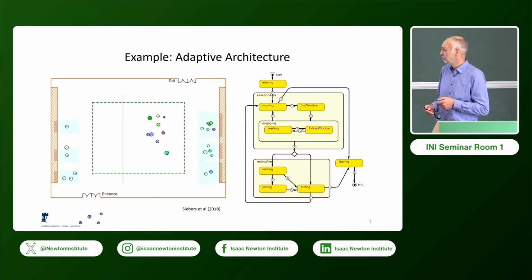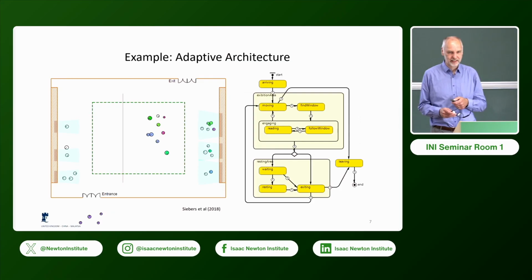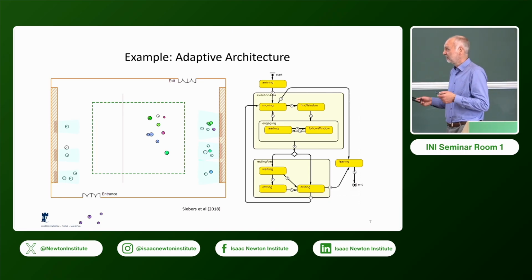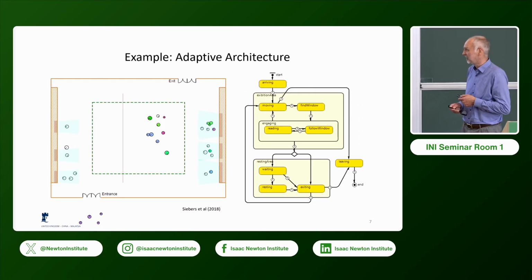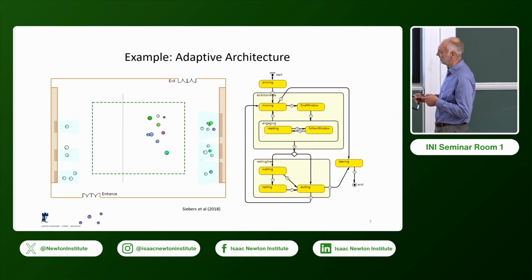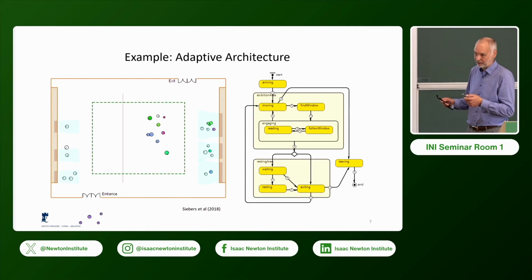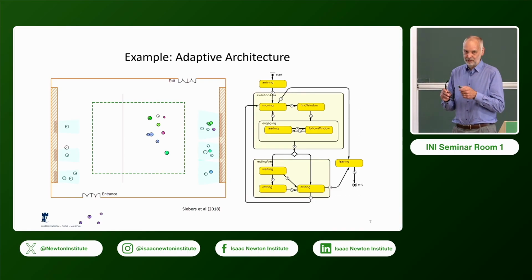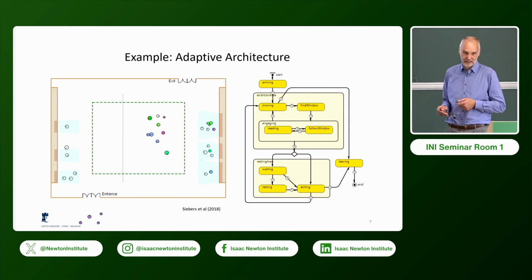Now here's an example, one student project where we looked at adaptive architecture. So we wanted to convince architects that this is a cool new idea. Adaptive architecture in this case is that we have a museum here. We have an entrance where people come in, and then they have display screens, and these display screens will move depending on how many people are at certain places.